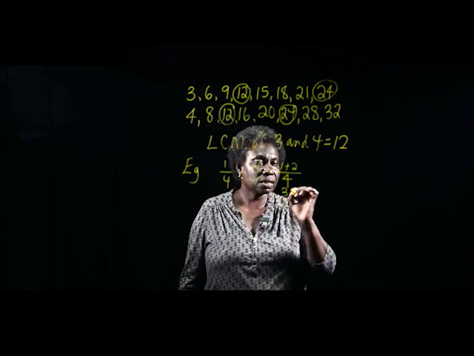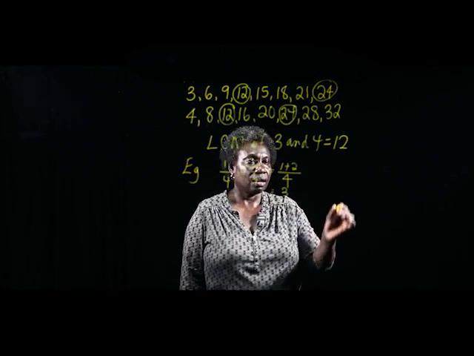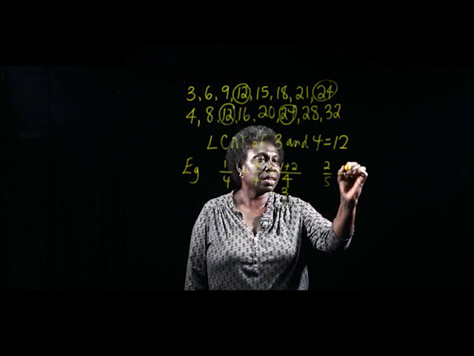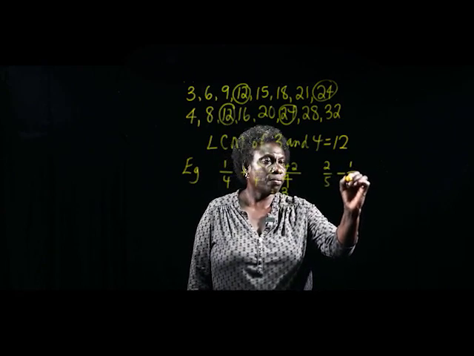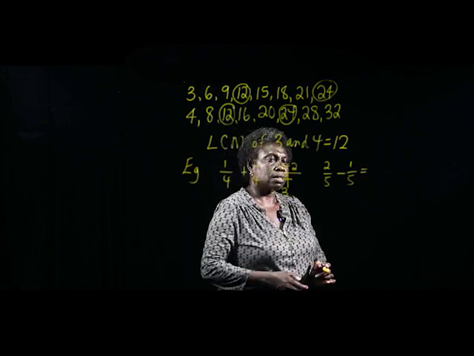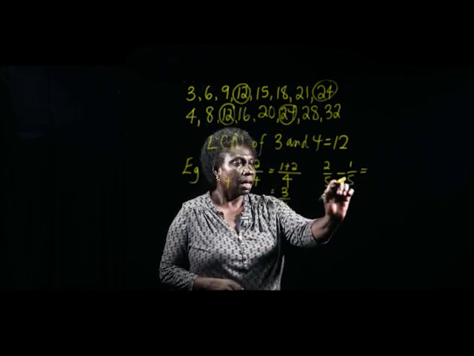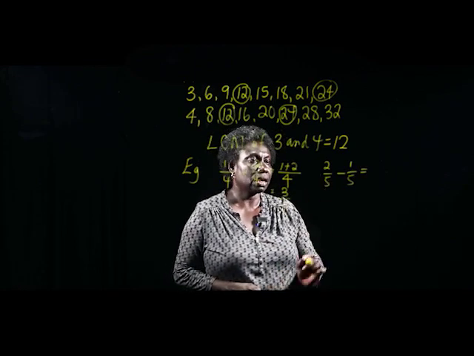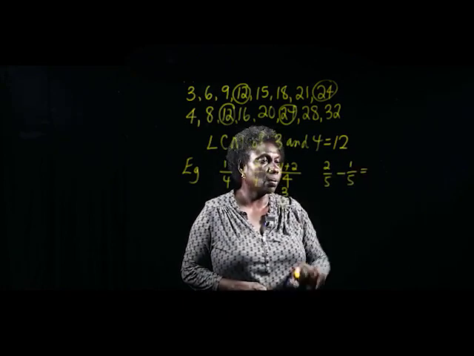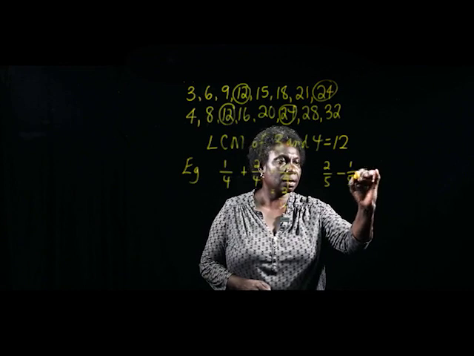Same as subtraction. I have 2 over 5 minus 1 over 5. Let's look at this fraction. You can see that they have the same denominator but different numerators, but the numerators are the ones that we are going to subtract.